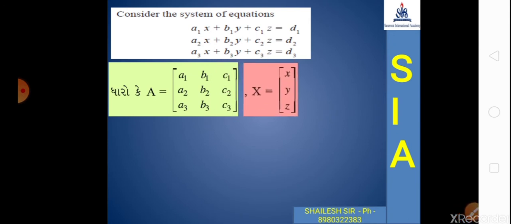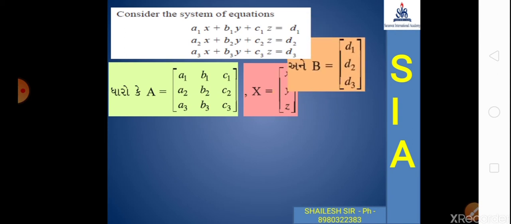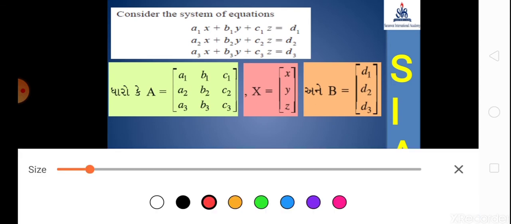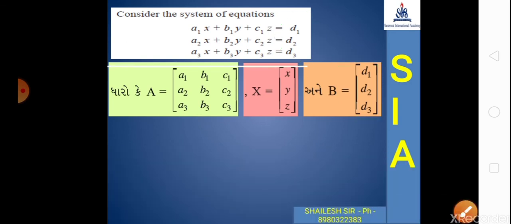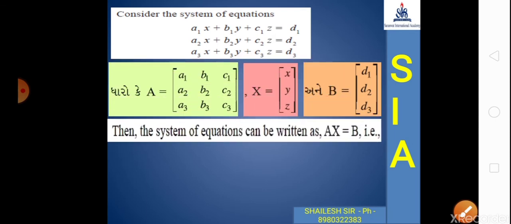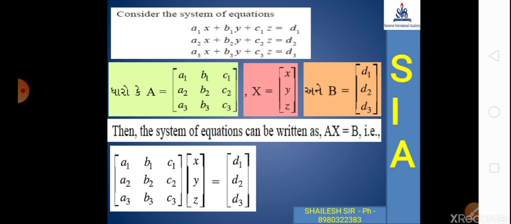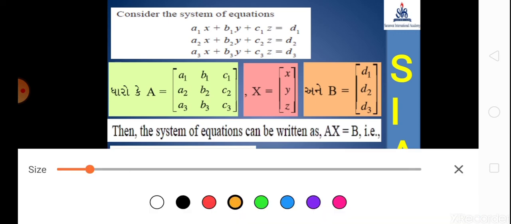Capital X is assumed as x, y, z in a column, and the right side values d1, d2, d3 you consider as matrix B. If you represent all this in the form AX equal to B, then we get the A values, the X values and the B values.